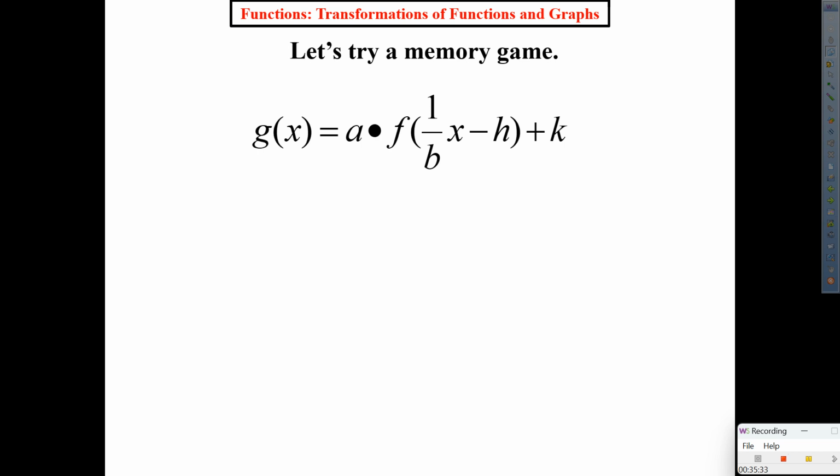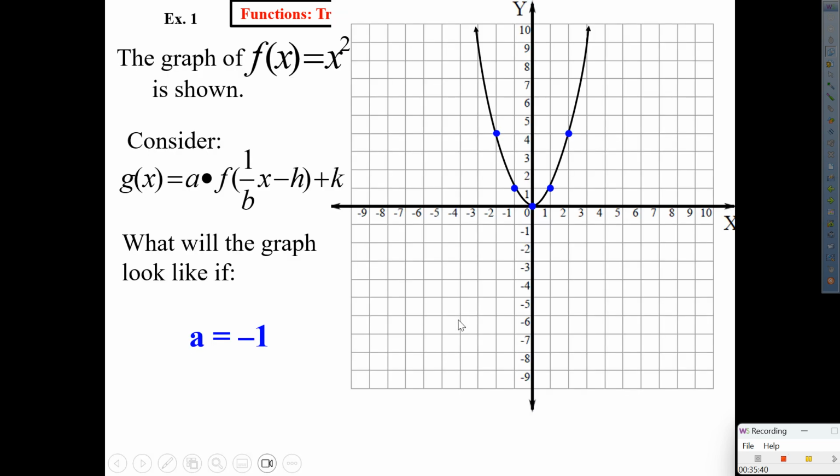Look at your screen. Here's the original function. According to the general rule, tell your neighbor what would happen to this original function if I substitute -1. Tell your neighbor first before you write it on the screen. What's going to happen to the original function if we substitute -1 for a?